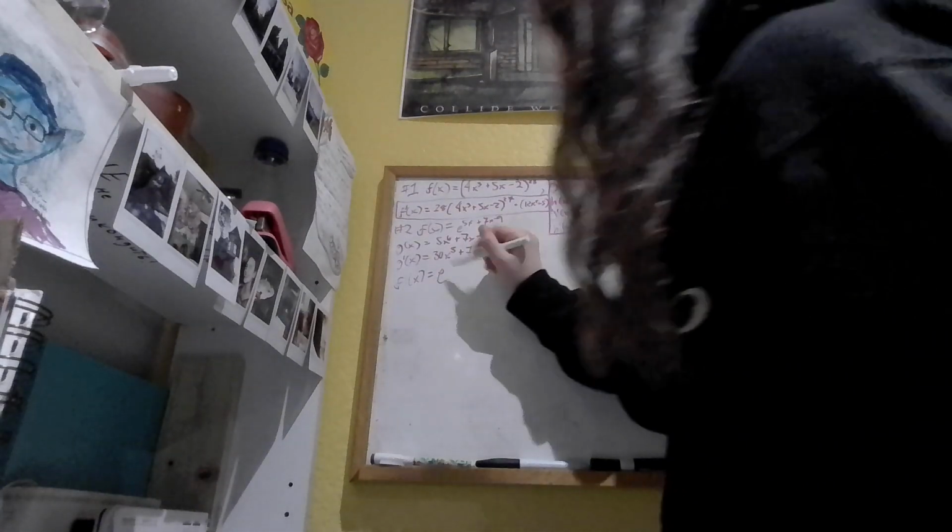Here, let's say the derivative of f of x is equal to e to the power of g of x. So e to the power of 5x to the power of 6 plus 7x minus 9, multiplied by the derivative of g of x, so 30x to the power of 5 plus 7.